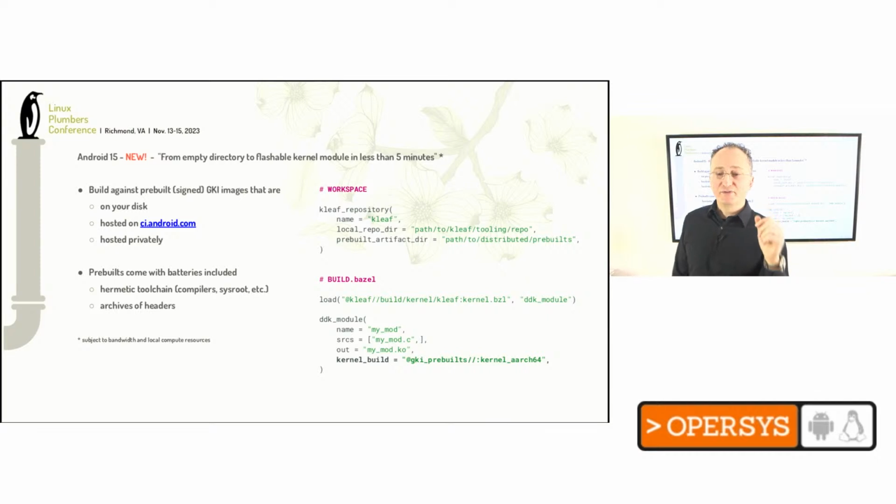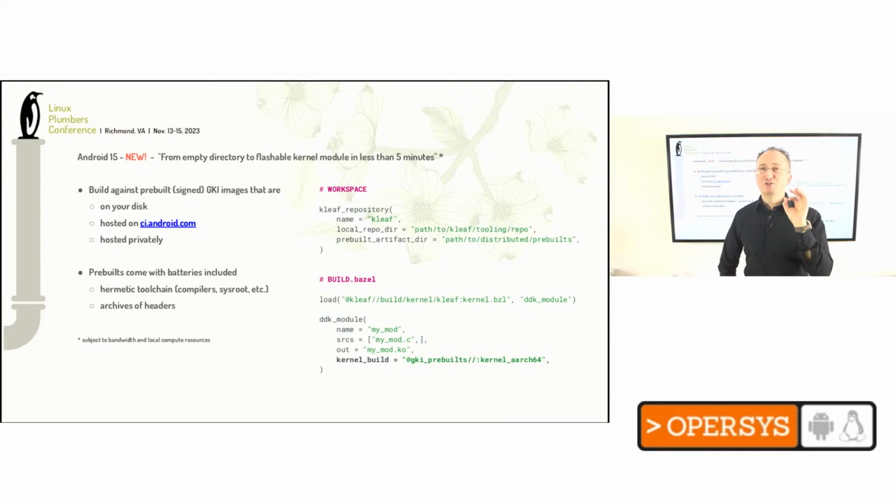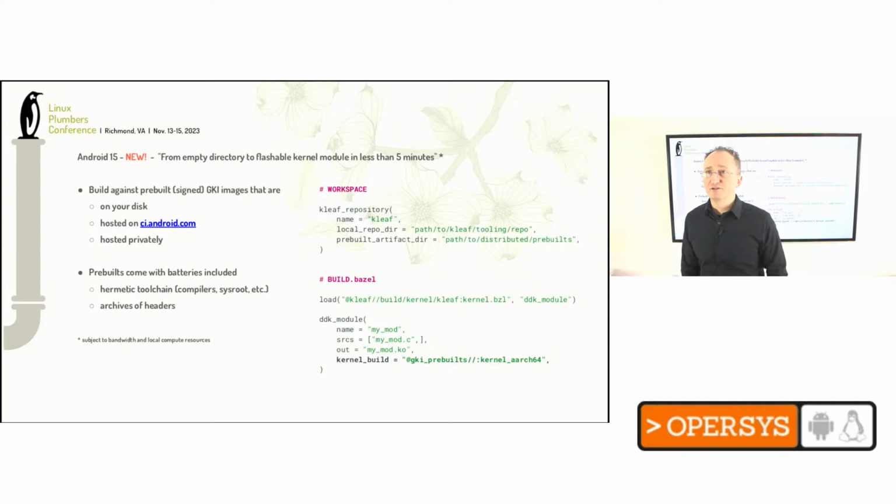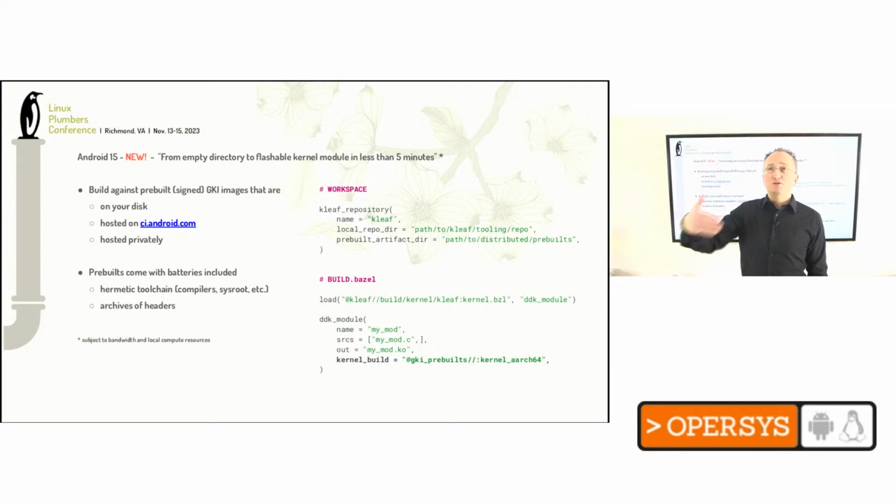That was a question even at the launch of GKI, and I think it was part of one of the emails I sent Matthias in the very beginning when I looked at this stuff. The question was always, how do I build a module against your thing? And it appears that moving forward, we're going to be able to just grab a GKI kernel from Google and build the module against that without having to download the sources.